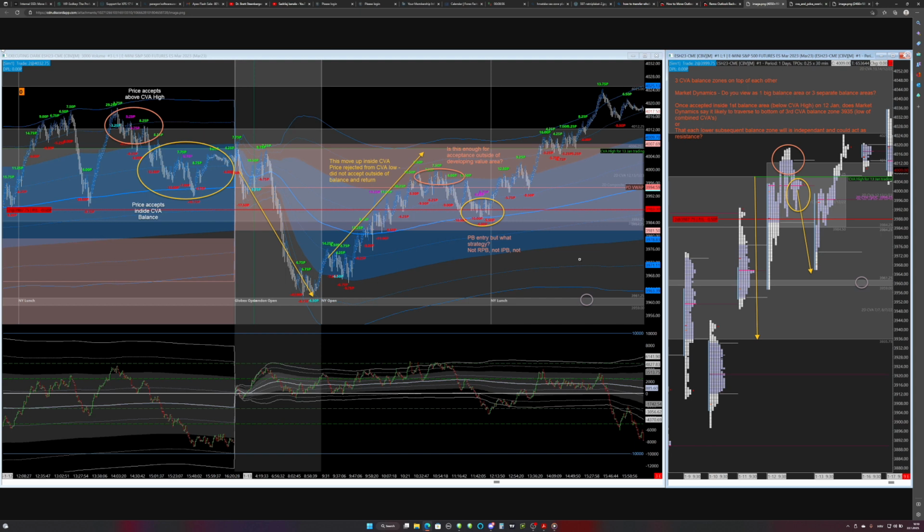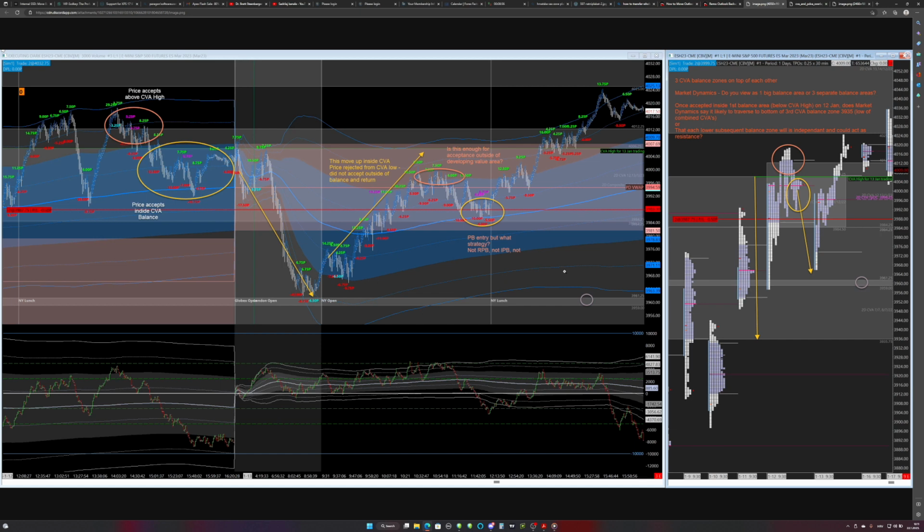So my question is, if I'm trading by the rules of market dynamics that say we've accepted at the top of our value, we've got to let it go all the way to the bottom, why do I have a trade to go back up to the top of the value area? You mean, why is this a trade? It is a trade because you forget one of the market dynamics rules, the exception rule.